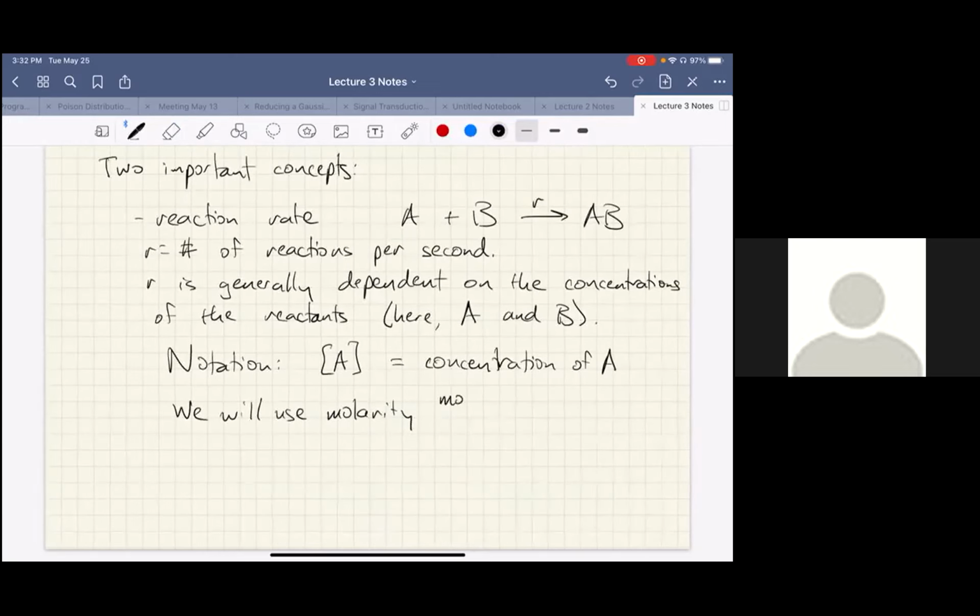moles per liter. And remember that a mole is just a counting unit. It's the number of multiples of Avogadro's constant.